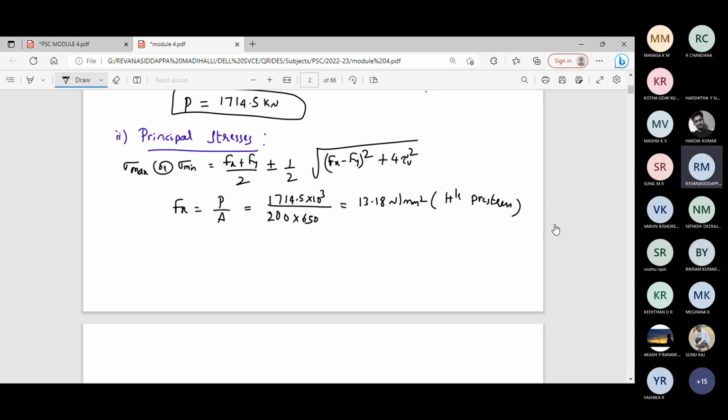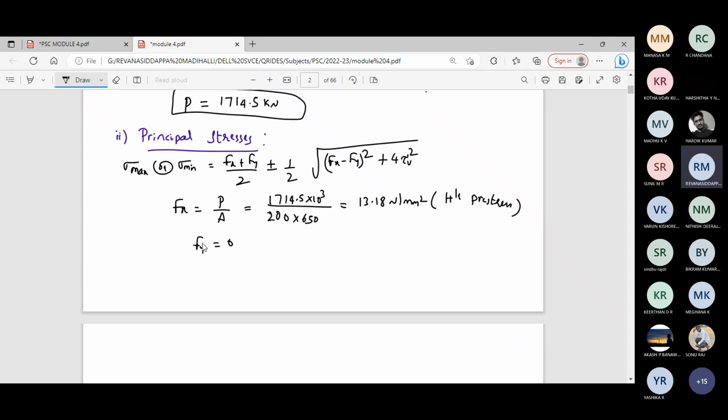Now you got the Fx value. Next is the Fy value. There is no pre-stressing steel or pre-stress in the y direction, so Fy is taken as 0. If some pre-stressing steel were given in the y direction, we could calculate it. So in this particular problem, Fy is 0.